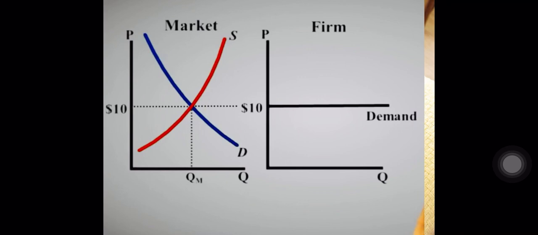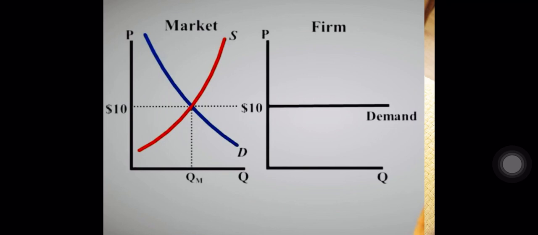So there you have the perfectly elastic demand curve, shown by our horizontal line in black, which is a perfectly elastic curve. So here you have the $10 price, which is adopted by the firm.